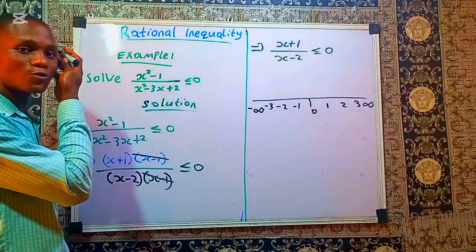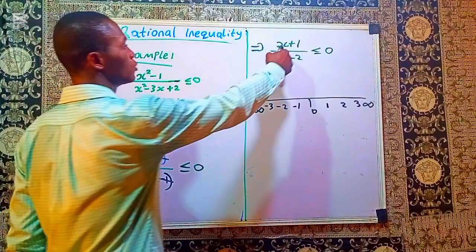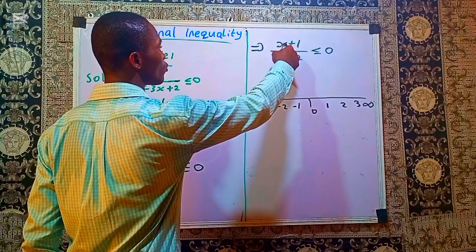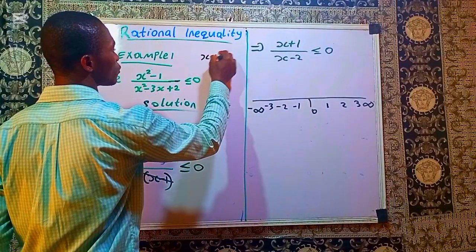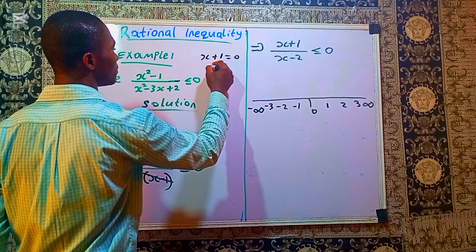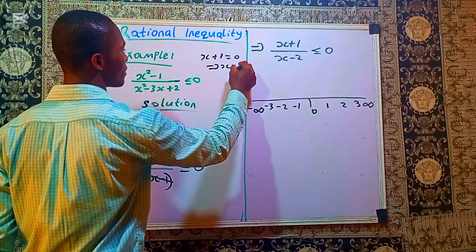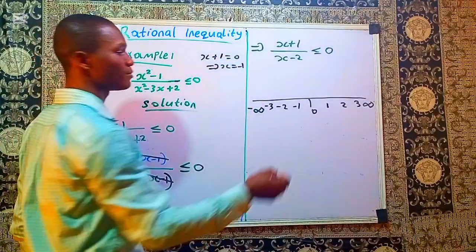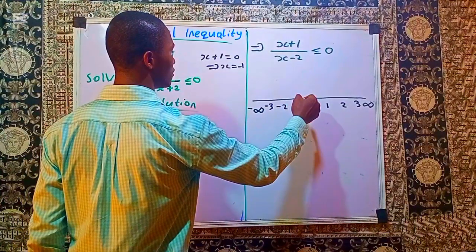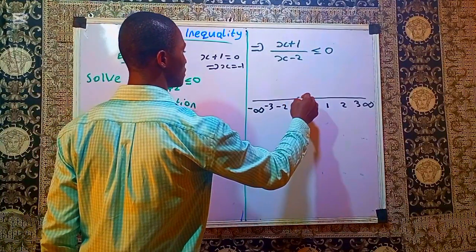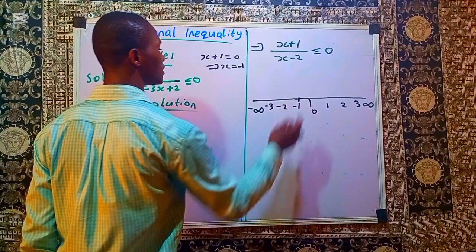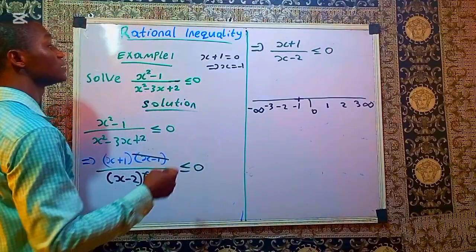What you are going to do is set the numerator equal to 0. If you set the numerator equal to 0, you have x plus 1 equal to 0, which implies x is equal to minus 1. We locate minus 1 on the number line.